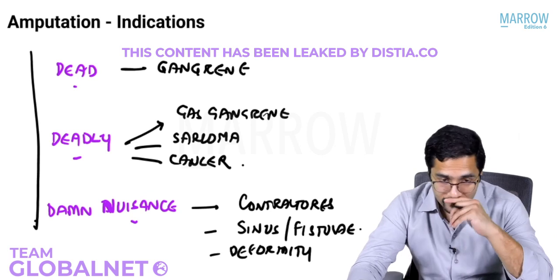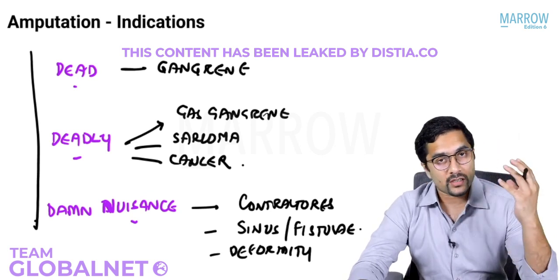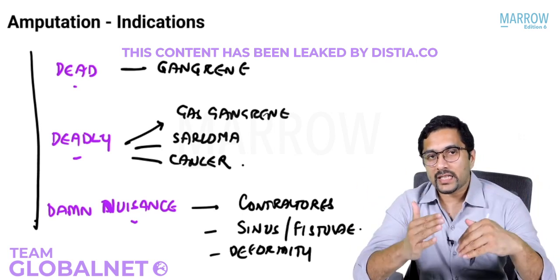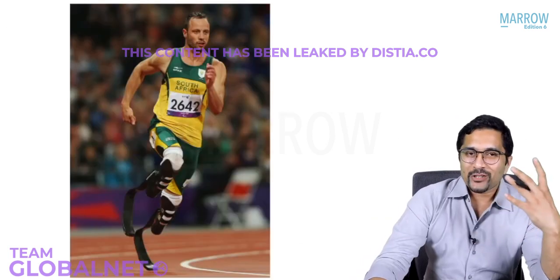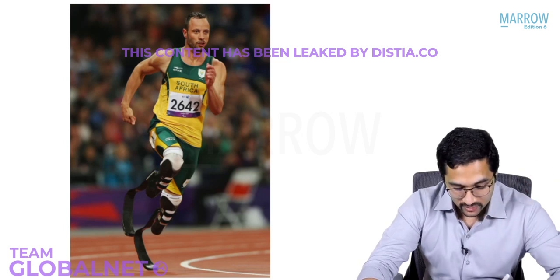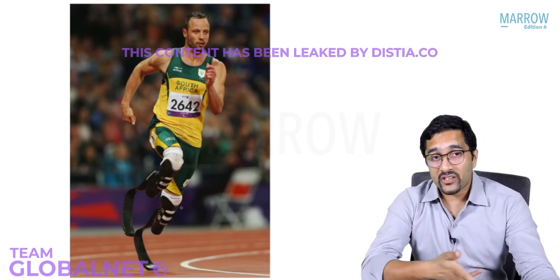So we'll talk about certain points regarding amputation. This has been covered by Dr. Abbas in orthopedics as well, but I will tell you the points which have been mentioned in Bailey so that you're all sorted for your surgery exams. Of course, I wanted to share this image of Oscar Pistorius. He was a double amputee, both below knee amputation, and he was one of the fastest blade runners.